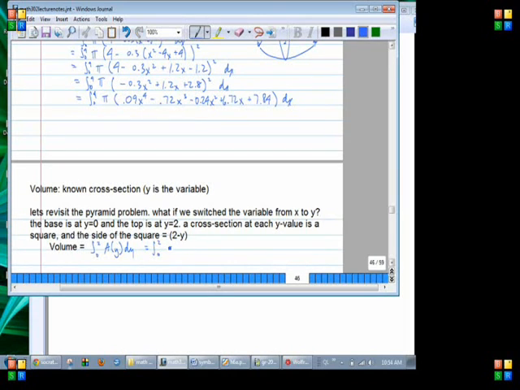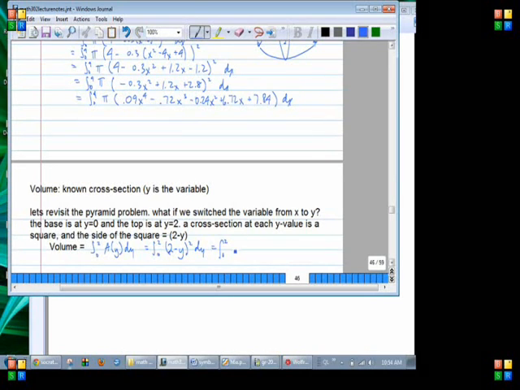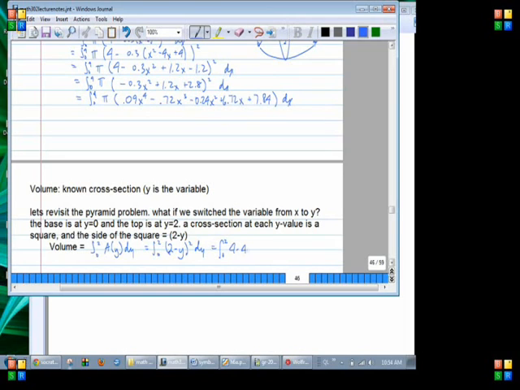So the area, since it's a square, it's the side of the square squared, dy, 0 to 2, 4 minus 4y plus y squared dy. Anyway, blah, blah, blah. We already did this problem. The only thing is we've erased x and written y in its place. And this worked out to be 8/3.